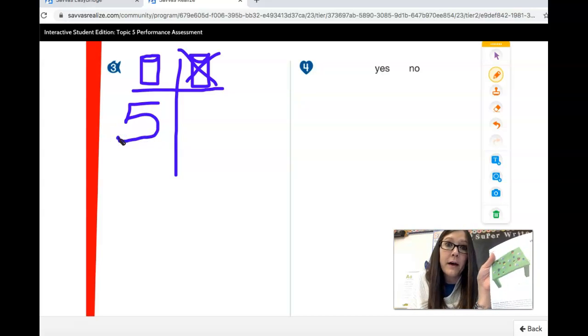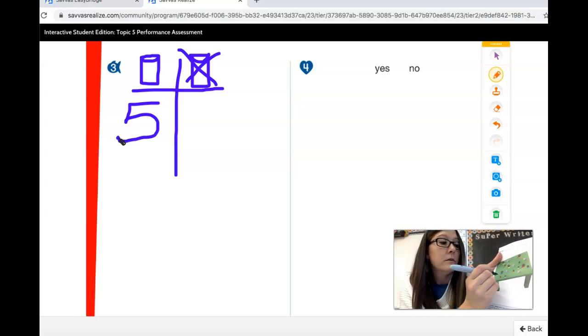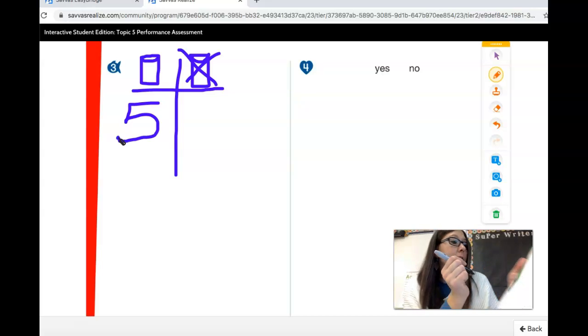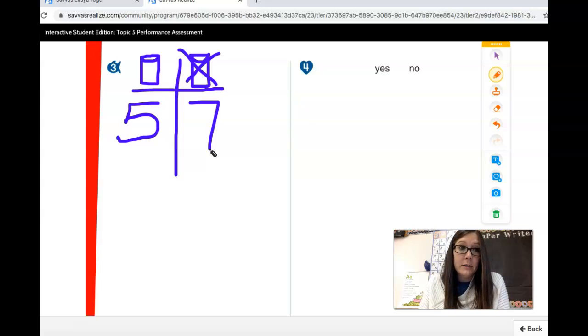Now let's count the not big. 1, 2, 3, 4, 5, 6, 7. 7 jars of paint that are not big. Remember, if you are classifying the paint jars a different way, your numbers might be different than mine, and that's okay. All right, so I classified the paint into big and not big jars of paint.